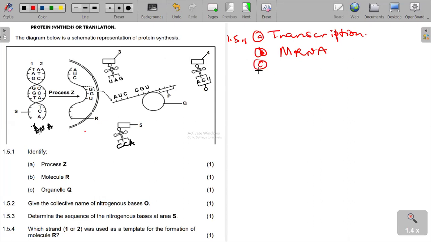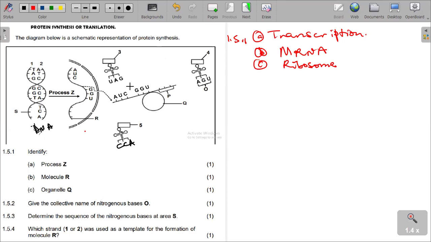The next question, c, is about organelle Q. This is where mRNA goes through such that the mRNA codons are read. What do we call it? It's called the ribosome. It is the manufacturing site of proteins through the reading of the mRNA codons.